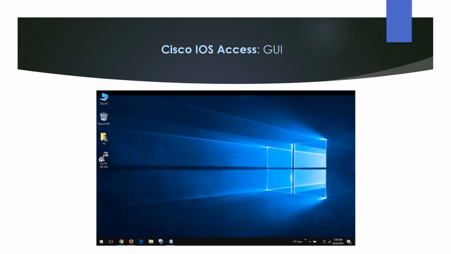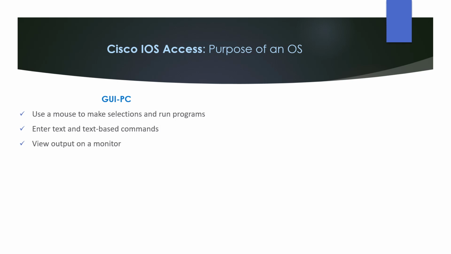So what is the purpose of an operating system? Network operating systems are similar to a computer operating system. Through a graphical user interface, a computer operating system enables a user to use a mouse to make selections and run programs, enter text and text-based commands, and view output on a monitor.